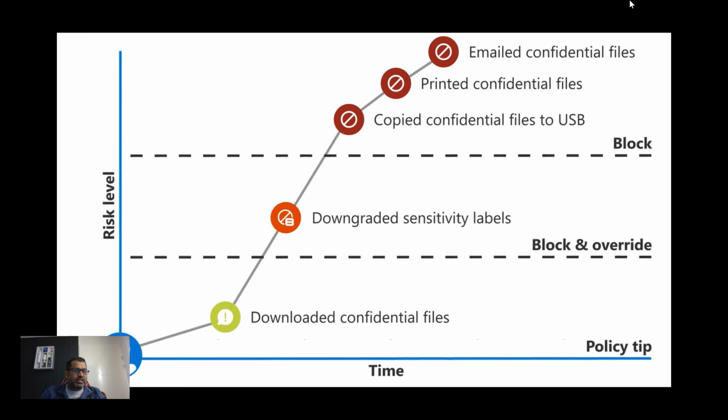And it's tightly integrated with insider risk management. By combining the insights from insider risk management, adaptive protection is identifying and responding to those kinds of risky behaviors more effectively, and providing comprehensive data protection.